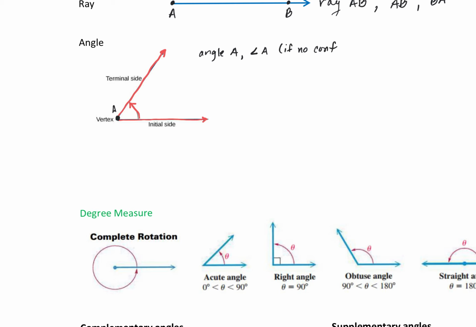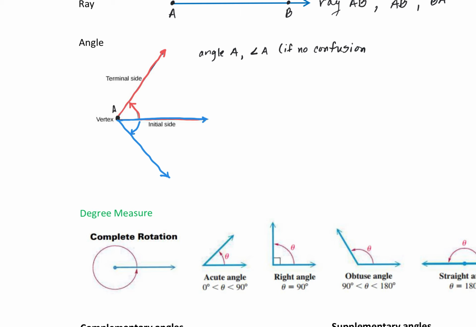And I'll show you what I mean. So let's say that I was going to start with the same initial side, and instead of going counterclockwise, I go down to some second ray.